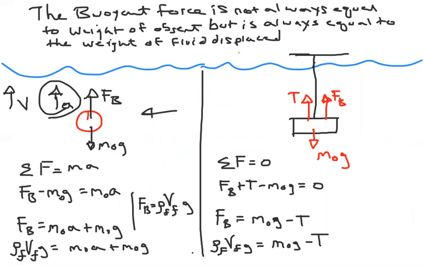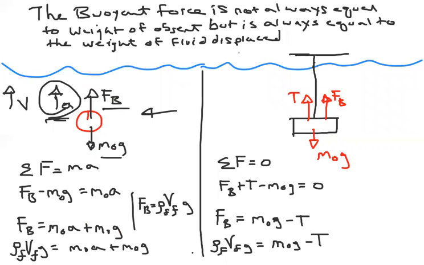Imagine this is like a beach ball or something that we put under the water. Well, the minute we let it go, it's going to shoot up, right? So even though the buoyant force and weight are the only things acting on this beach ball, it's speeding up as it's moving up. So there's some inertial force, there's some acceleration there.